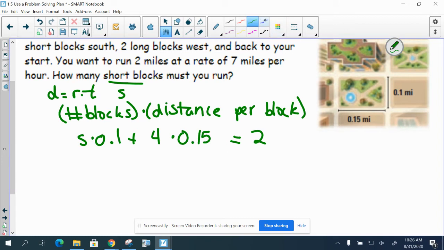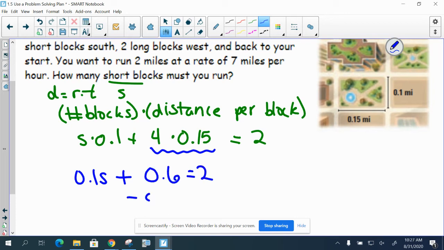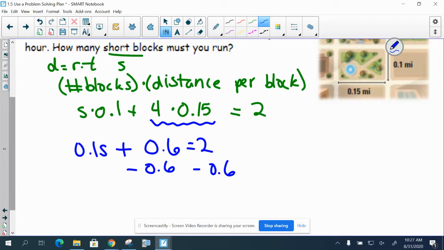And now let's solve and simplify. So first, I see that we can multiply 4 times 0.15. So this is going to be 0.1S plus 4 times 0.15, which is 0.6. Subtract 0.6 to get 1.4.